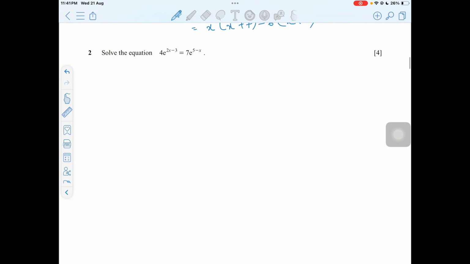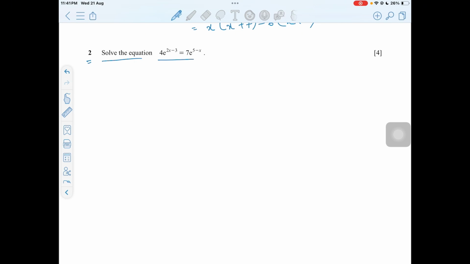Now moving on, we have our question to solve this equation. Now if we have to solve this equation, we have to make all the powers of e on a single side, right? And we have to make a single power of e.